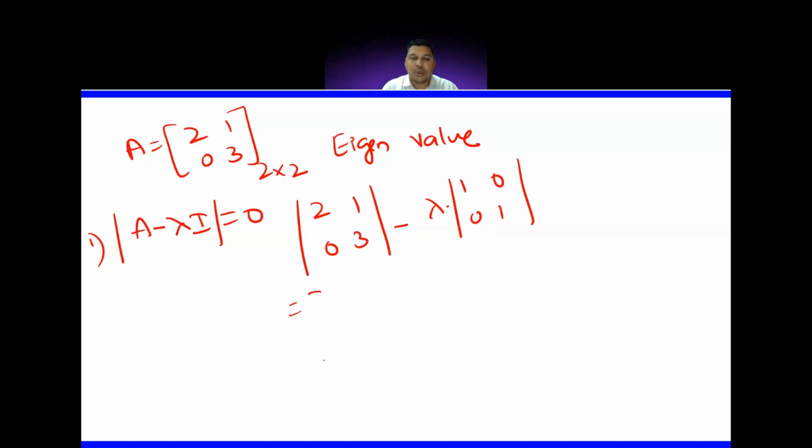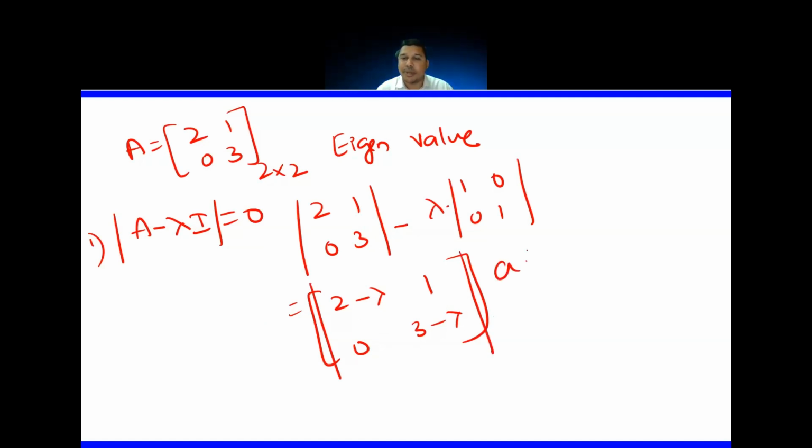So this will become 2 minus lambda, 1, 0, 3 minus lambda. So this is my A minus lambda I. Now find the determinant for this. You know how to find it, just AD minus BC.